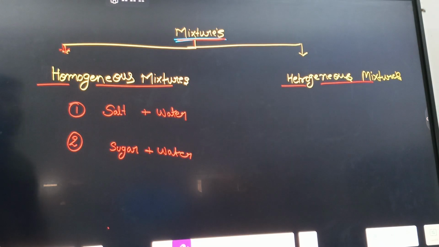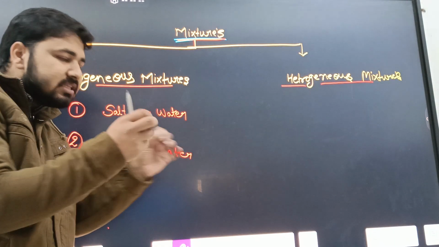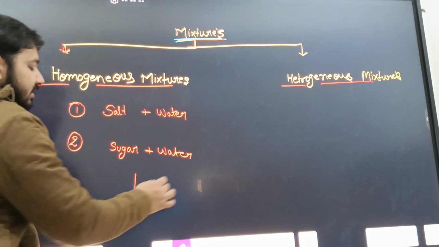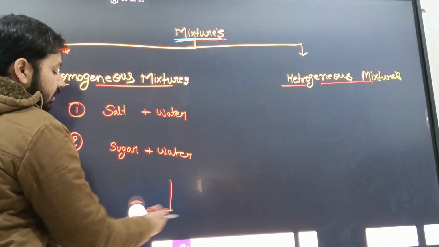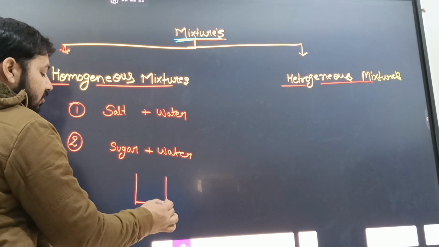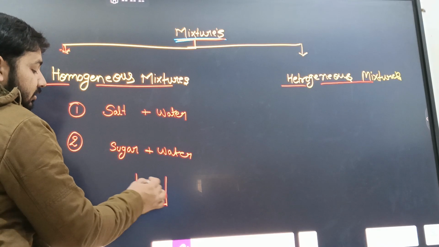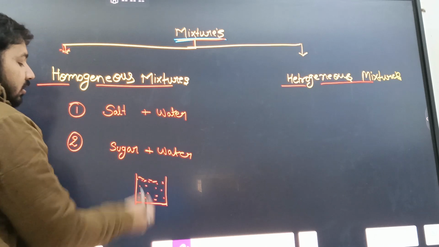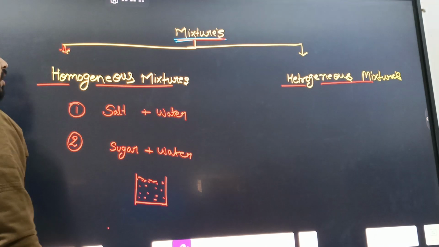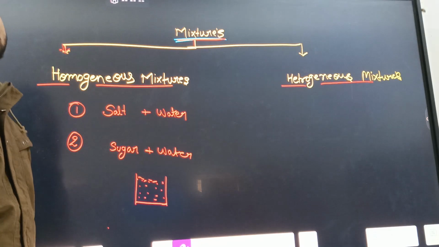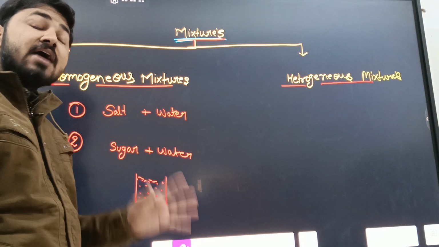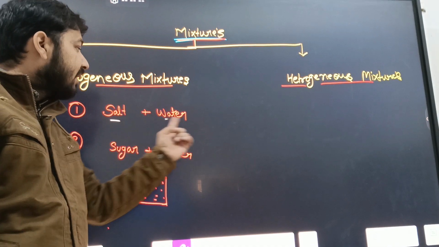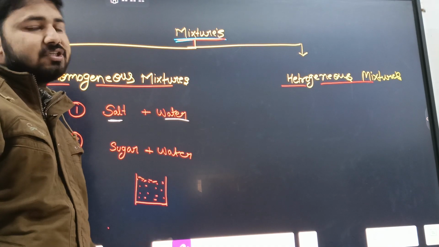Once we add sugar and water, we cannot see the particles of sugar and water separately. So when we mix sugar and water, we cannot tell where the sugar is or where the water is in this mixture. A homogeneous mixture can also be defined as one in which, after making the mixture, we cannot see the individual particles.